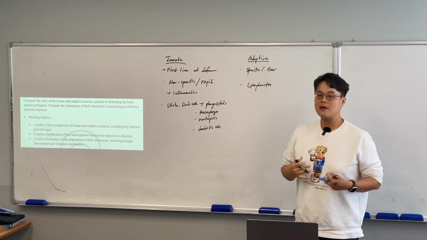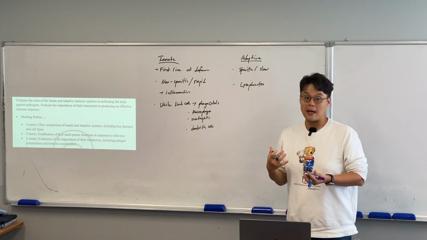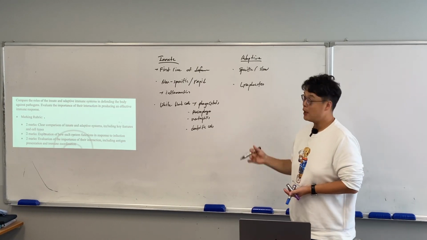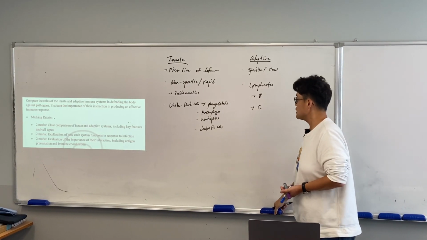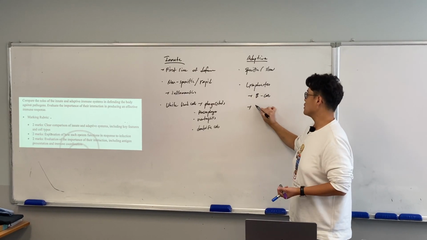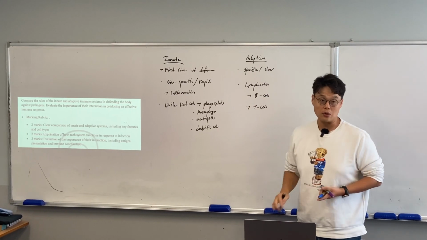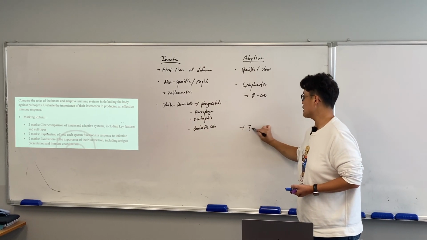Now the reason we call them lymphocytes is that the B and T cells come out of your lymph nodes. So in lymphocytes we have B and T cells: B cells, B lymphocytes, or T cells. Okay, let me summarize the B and T cells here.